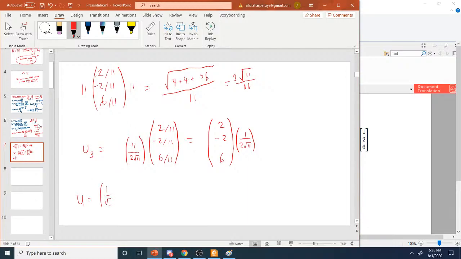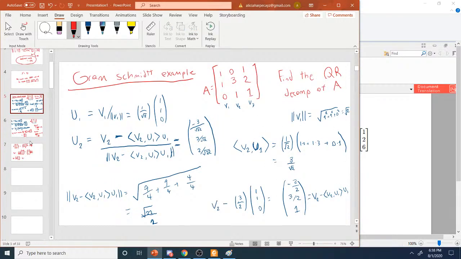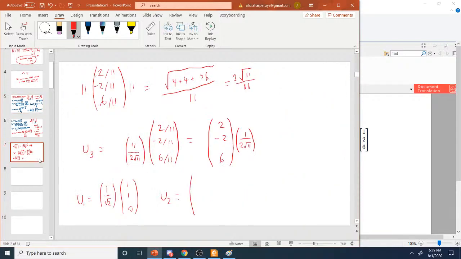It was 1 over the square root of 2 times the vector 1, 1, 0. u2 was the vector negative 3 over the square root of 22, 3 over the square root of 22, 2 over the square root of 22. And then finally, we just figured out what u3 is.